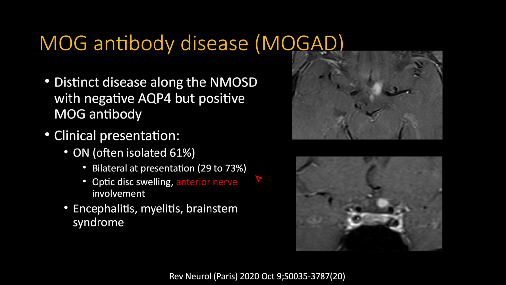more characteristic. Although in this particular case I'm showing here of confirmed MOGAD, you can see there's a lot of swelling, right? You can see this optic nerve much more swollen than this, but the involvement is really posterior nerve, and it's even extending to the chiasm.